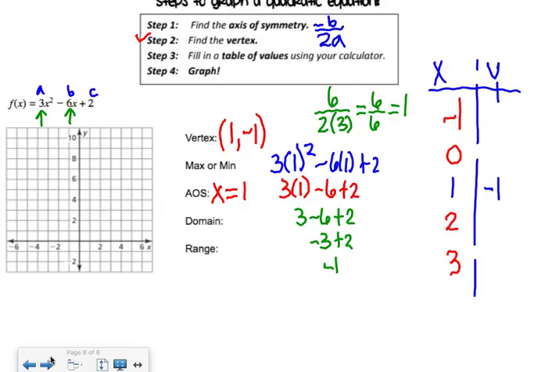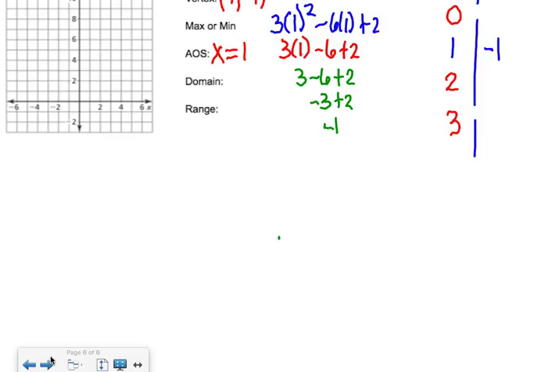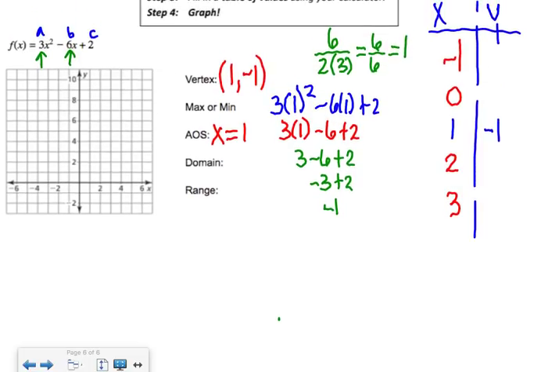So let's plug in a 2. If I plug in a 2, I'm going to have 3 times 2 squared minus 6 times 2 plus 2.